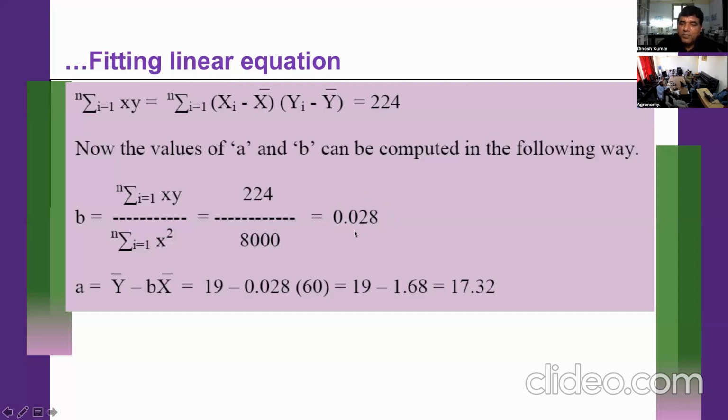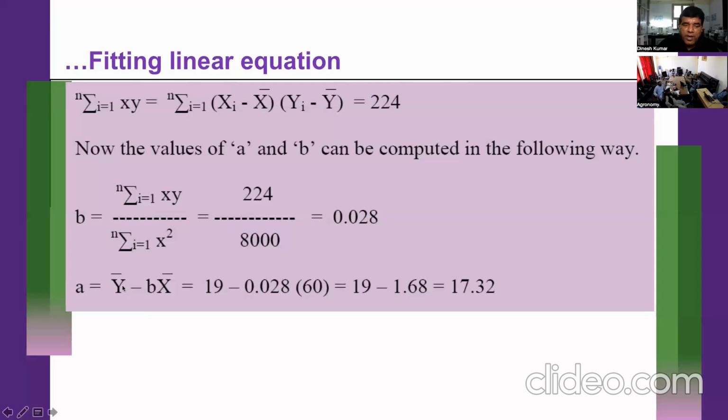Now we want to see whether this regression coefficient is significant or not. We should test it, which is known as testing the regression coefficient or testing the regression equation. Now a can be calculated simply by the difference method. a is equal to y bar minus b x bar.